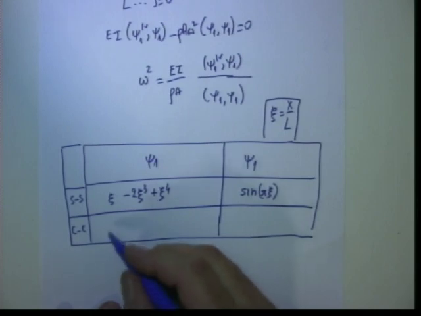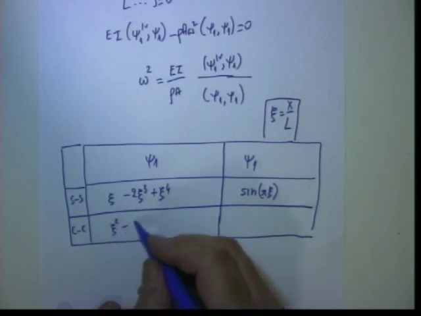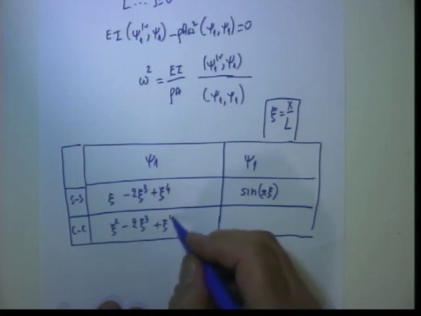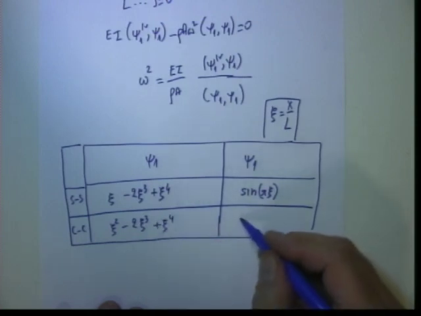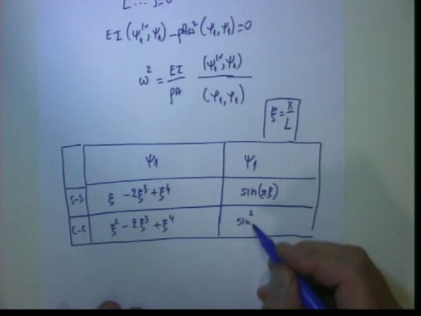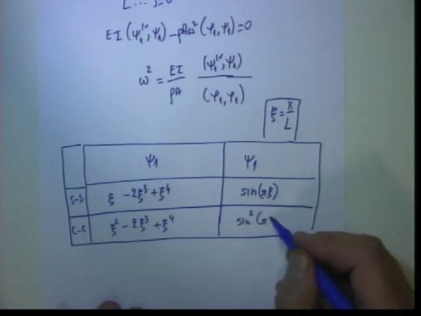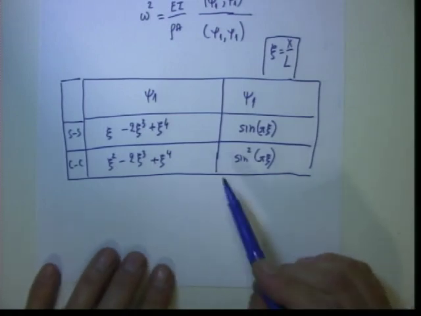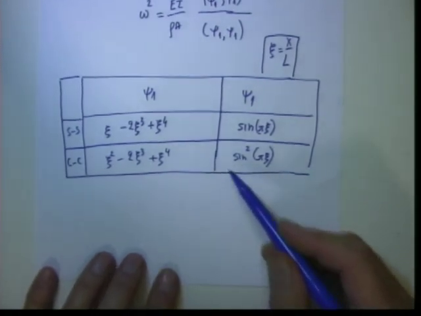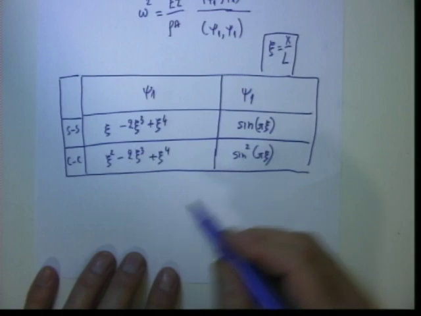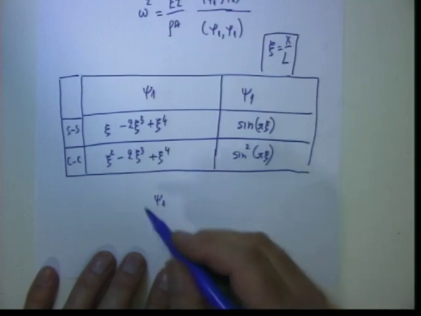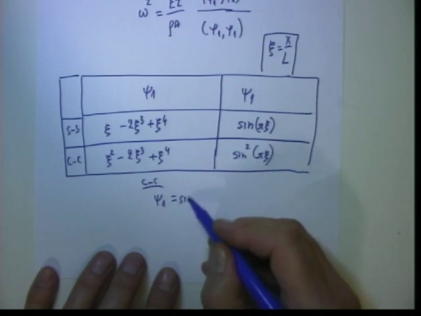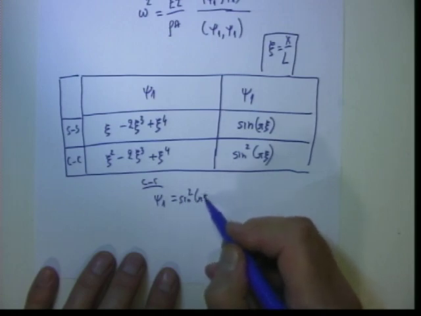And for clamped I think we wrote psi square minus 2 psi cubed plus psi in fourth power. And here can be the function sine square pi psi. Okay, these are approximations. So let us check this one. Psi1 for clamped equals sine square pi psi.